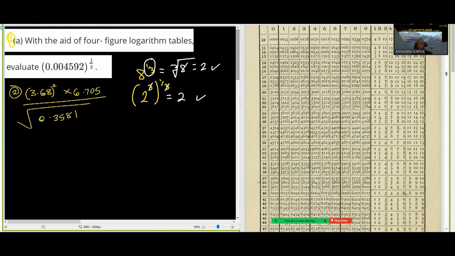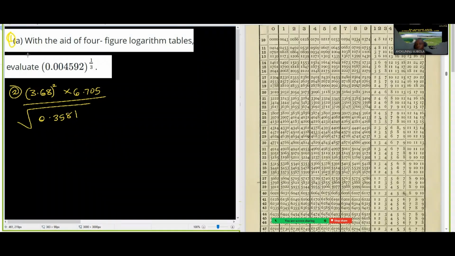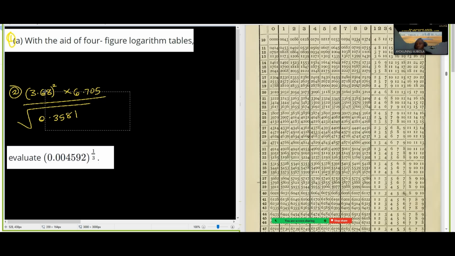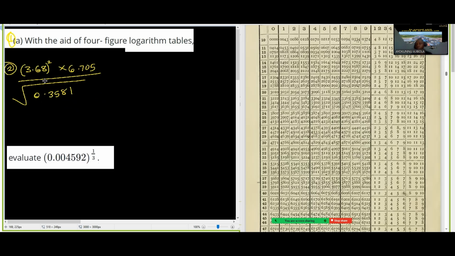All right, so let's see how it works. The first one is 0.004592. I need to draw my number log table. So let me bring this question downward a bit and take this one to the top.